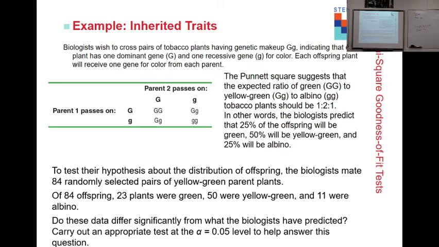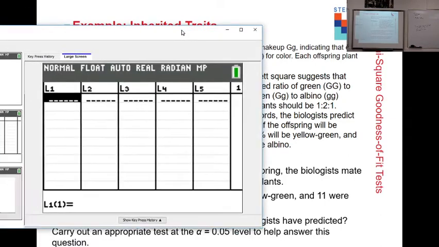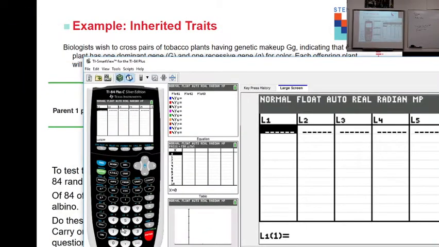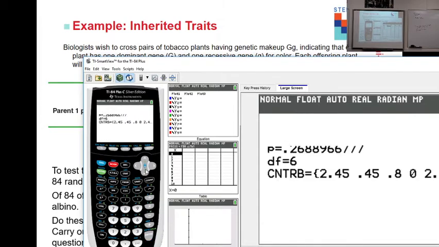I have 23 green, 50 yellow-green, and 11 albino. So 23 here, 50 here, and 11 here. And I will need expected counts to go in list 2. So let's talk about what those would be.